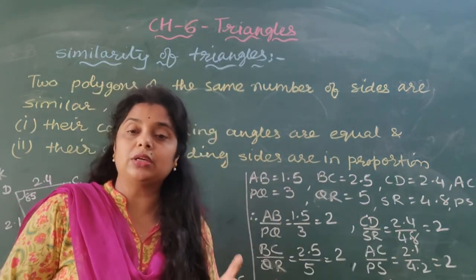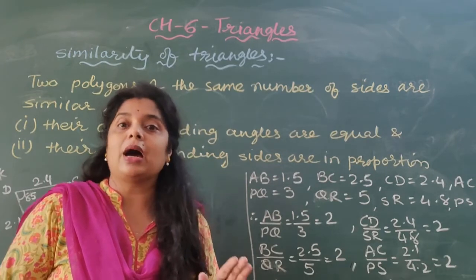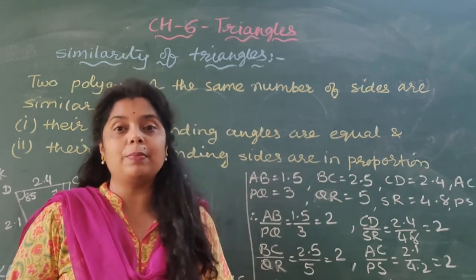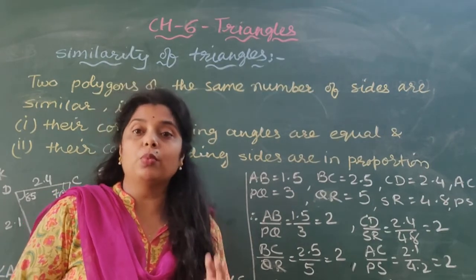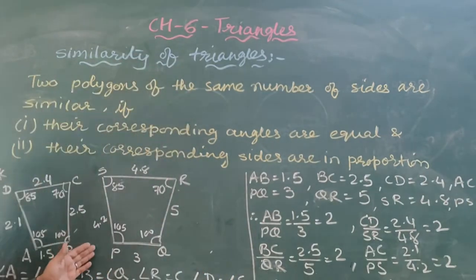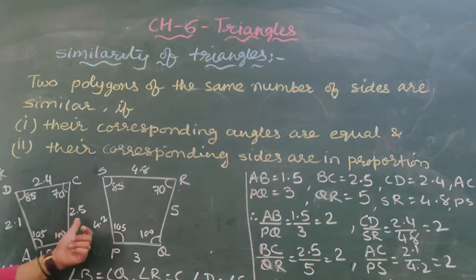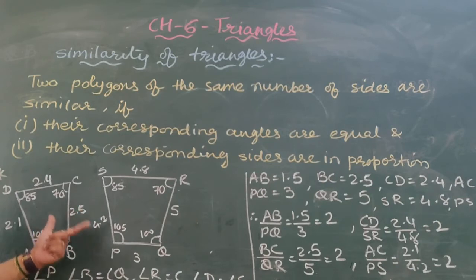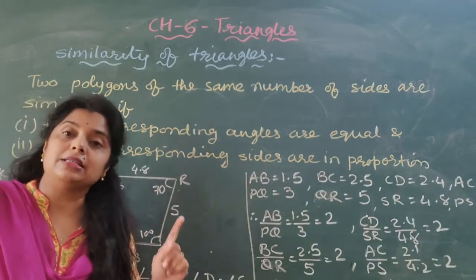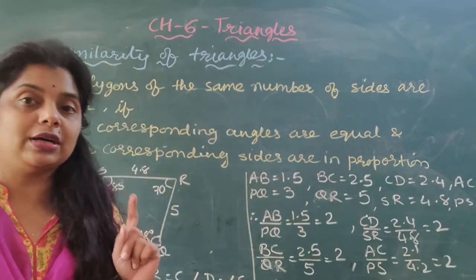So in short, the corresponding sides are also in proportion, or we can say in the same ratio. Both the conditions are fulfilled for the given figures, and therefore we can say that the given two figures or polygons are similar to each other.